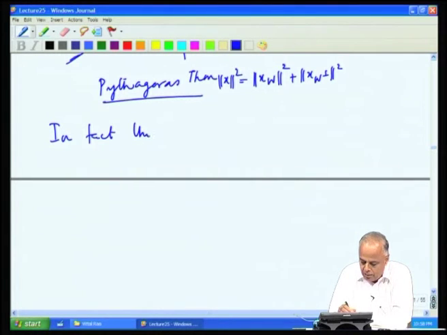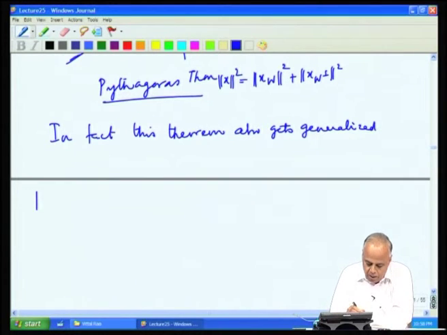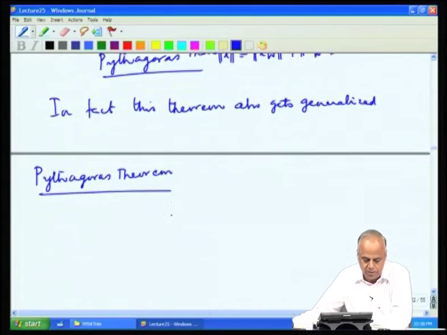This Pythagoras theorem also gets generalized. So, we have this Pythagoras theorem in the setup of R^k, a general version of the Pythagoras theorem.